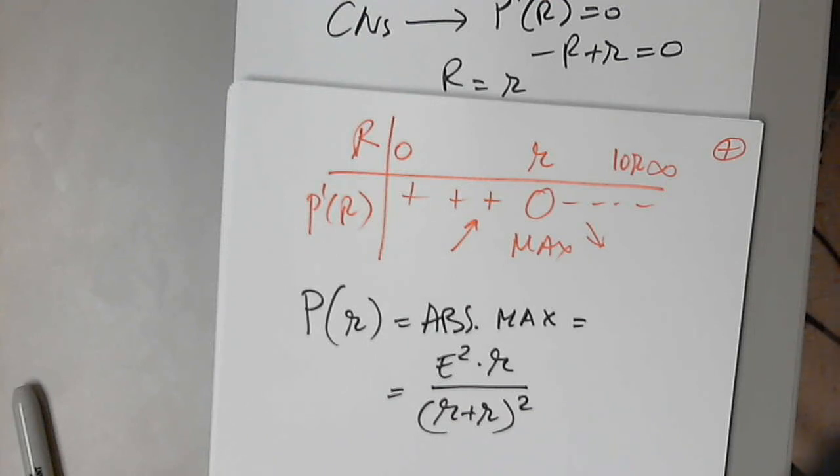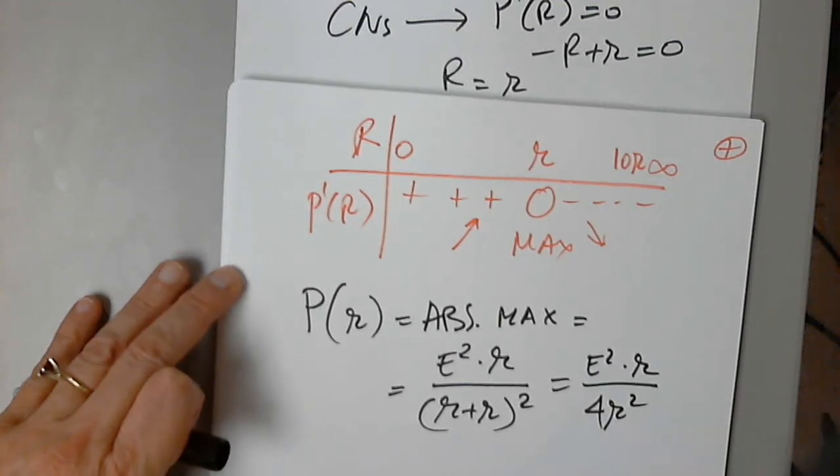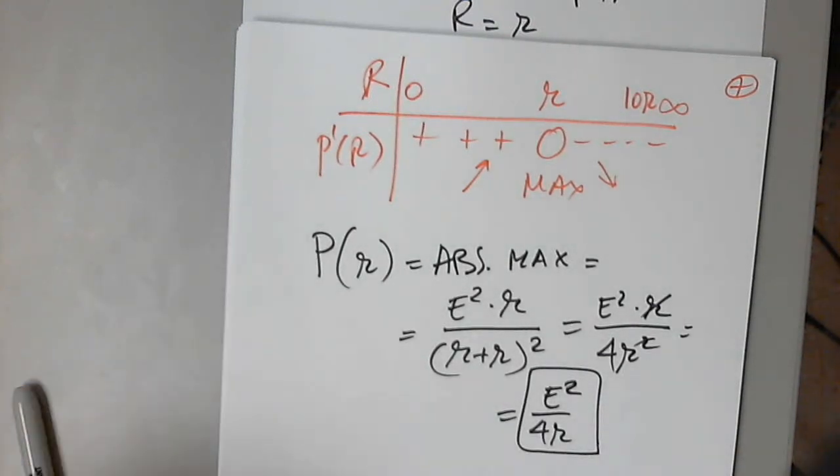Yes, I have to simplify this. So the denominator is 2r, and I have to square that. What do I get when I square 2r? Very good. And I simplify one of them. So it's e squared over 4r. This is the absolute maximum power.